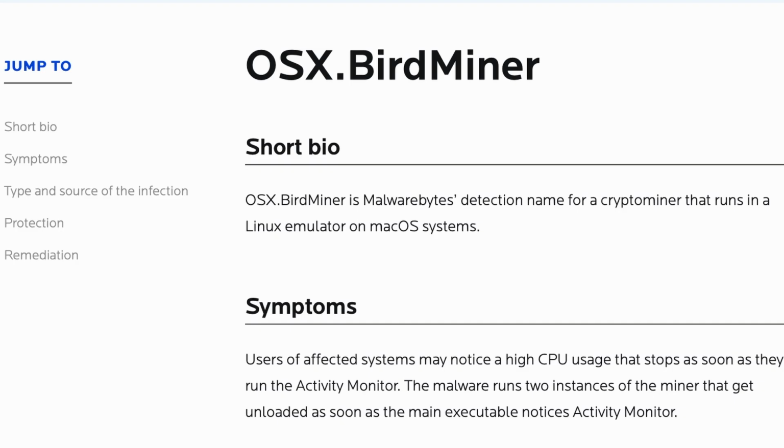So, for example, we spotted some malware recently that we call BirdMiner. It's cryptocurrency mining software, so it uses your computer's processing power to generate Bitcoin. And the way that it did it was kind of interesting. It actually used a Linux emulator called QEMU, thus the name BirdMiner.